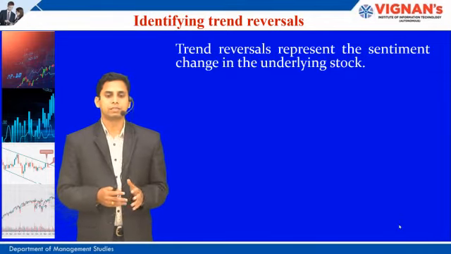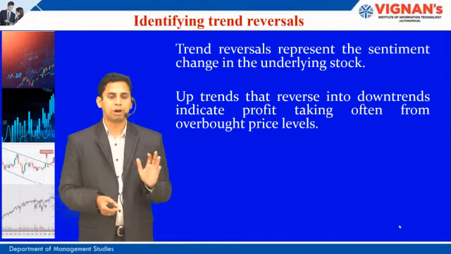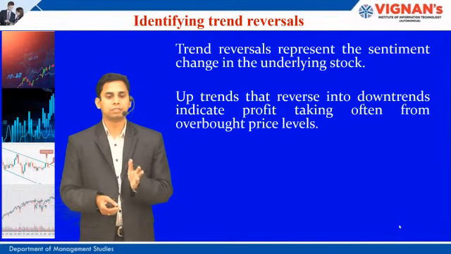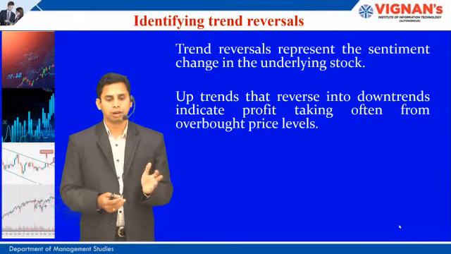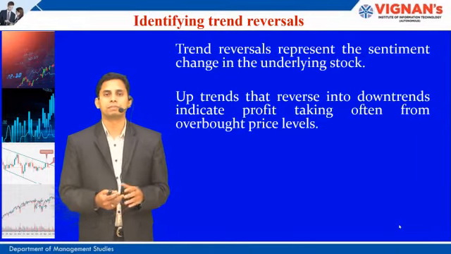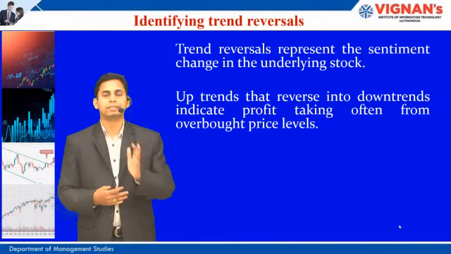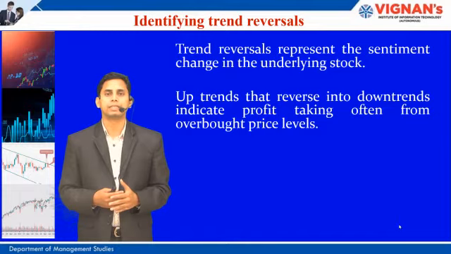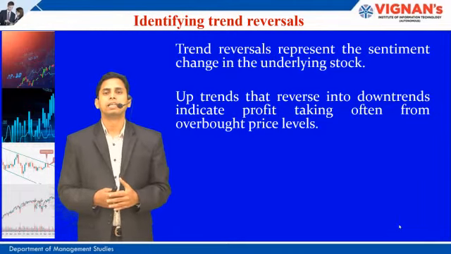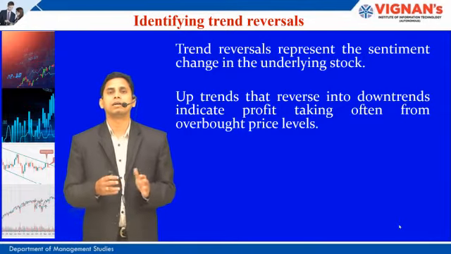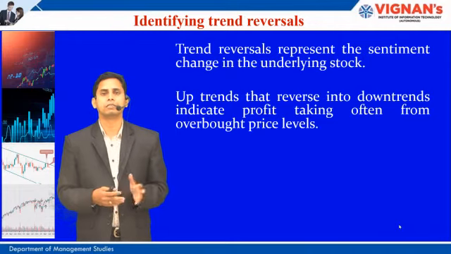Trend reversals represent a sentiment change in the underlying stock. Uptrends that reverse into downtrends indicate profit taking from overbought price levels. Once traders enter the market and the trend has continued to some extent, after reaching the desired level they may feel they are at the expected profit level and decide to exit.